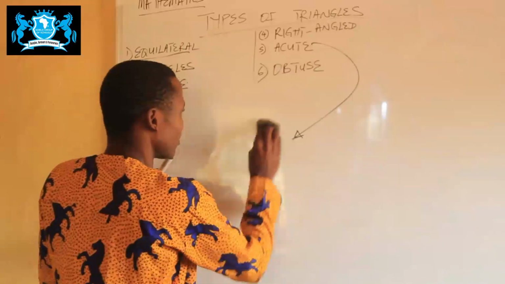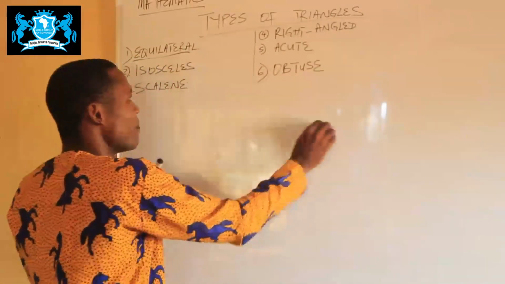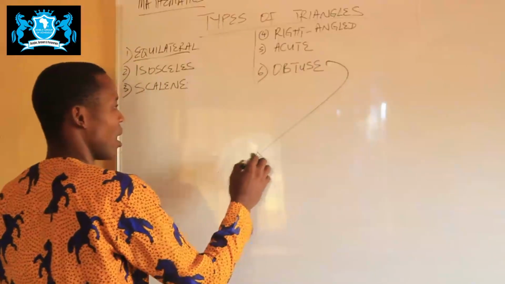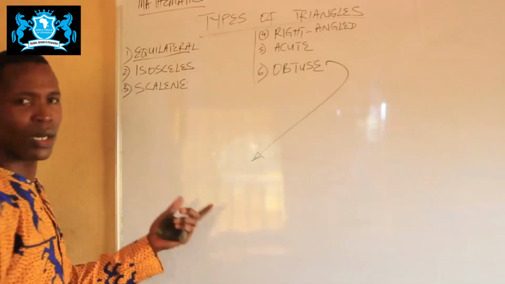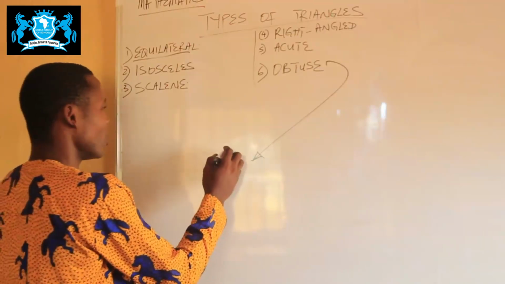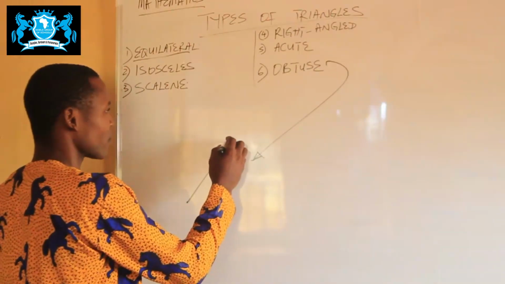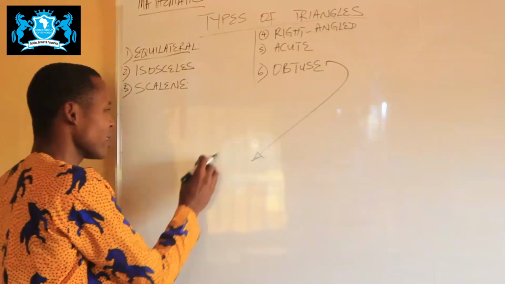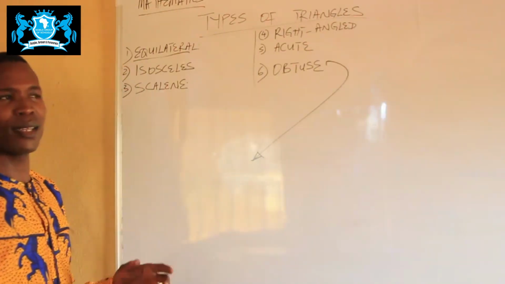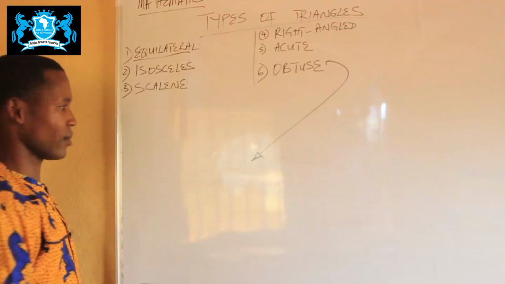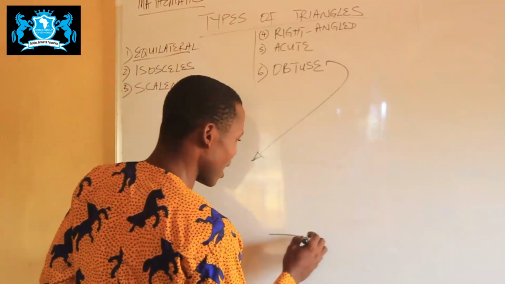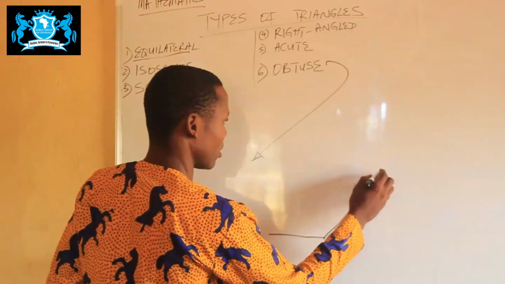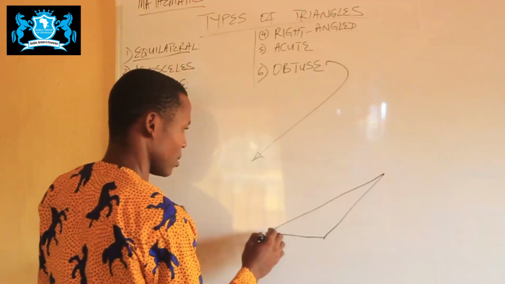The next on the list is the obtuse triangle. An obtuse triangle is that kind of triangle in which one of the angles is more than 90 degrees. If we have an angle like this, look at this.